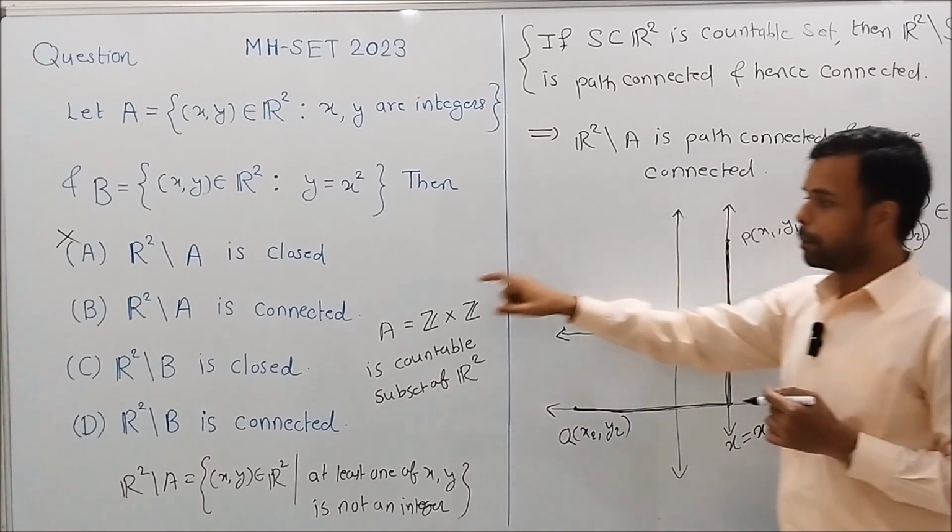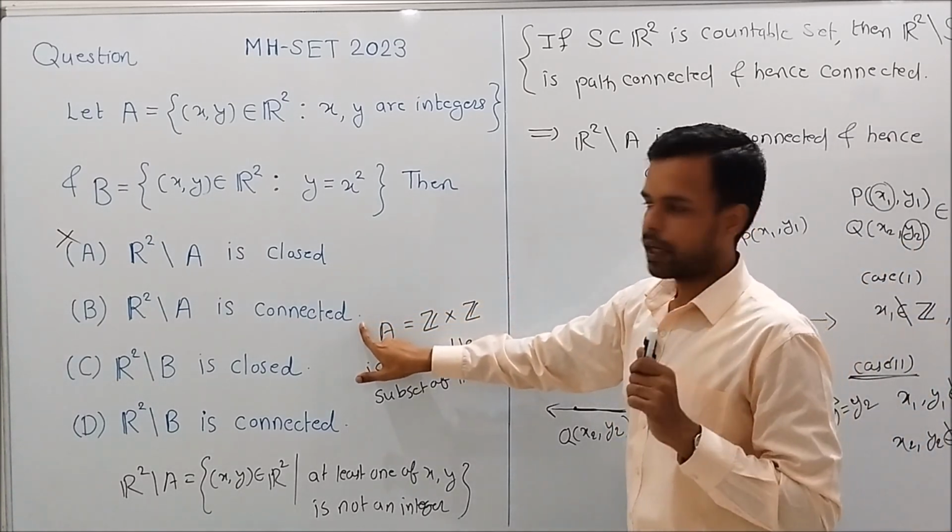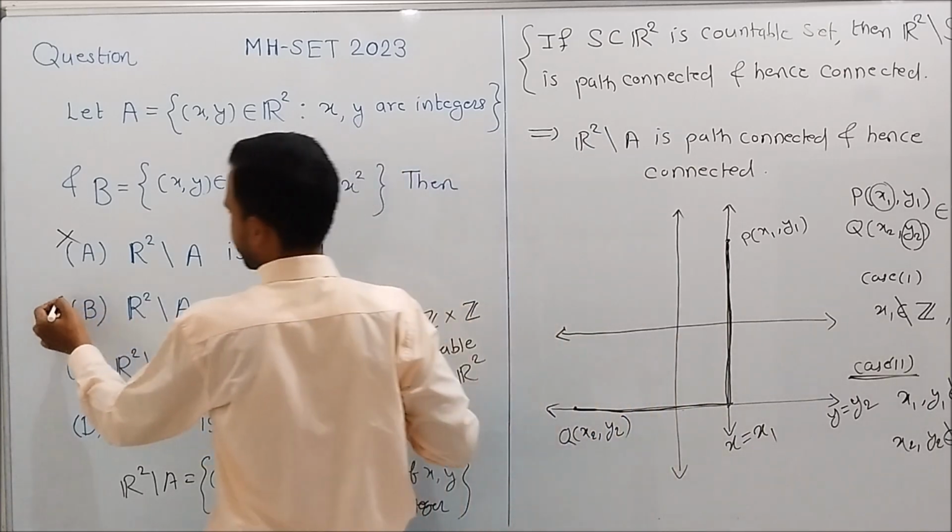So the statement in B is a true statement. So we mark it as correct.